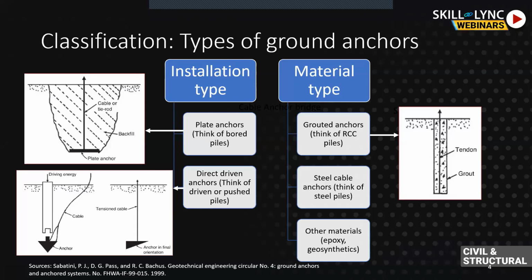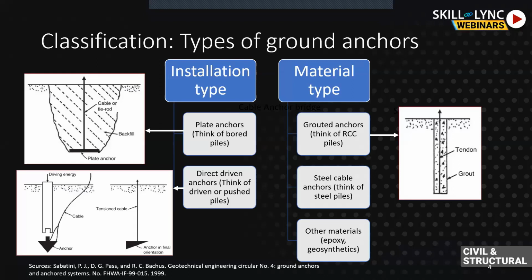If you have a specific problem, you can tell the person what kind of problem you have, and he will suggest what kind of anchor will be required. Based on installation types, you have to think of piles, because there are several piles like bored in situ, and there are driven piles or pushed piles. So anchors are very similar to piles in that case. Just compression and tension you have to keep in your mind.